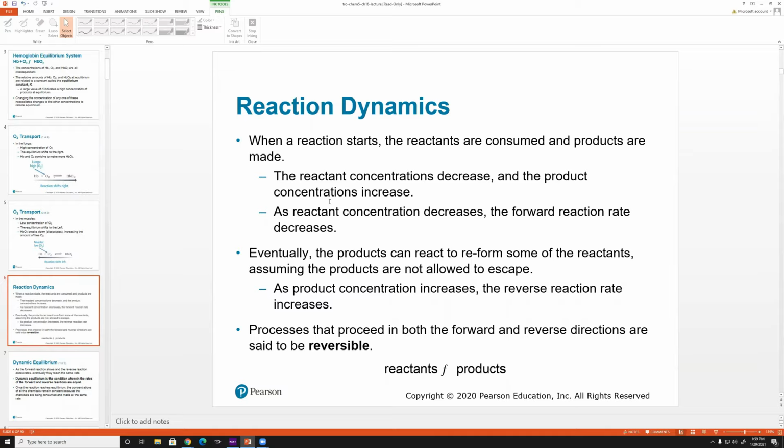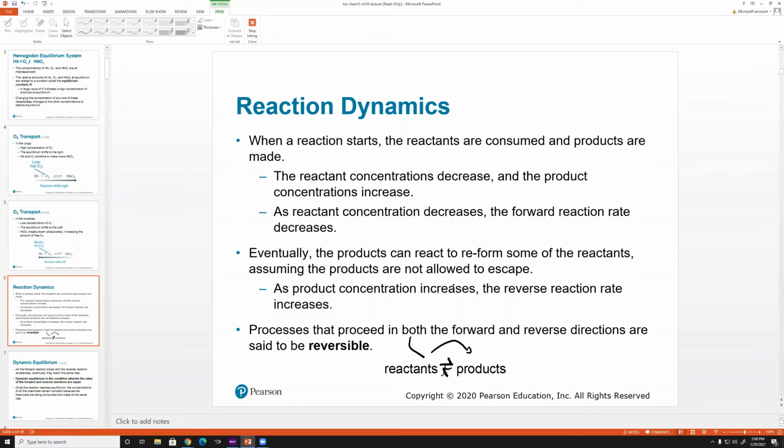There's a forward reaction and a backwards reaction, going forward and backwards at the same time. When the reactants decrease, the forward reaction increases because those reactants are being turned into products. But when the products increase, the forward reaction decreases after a while, and the backwards reaction will start to increase.